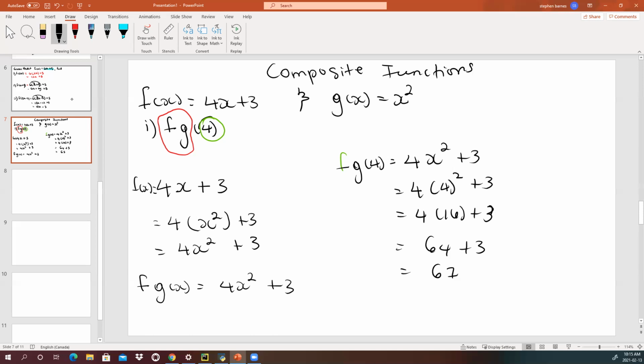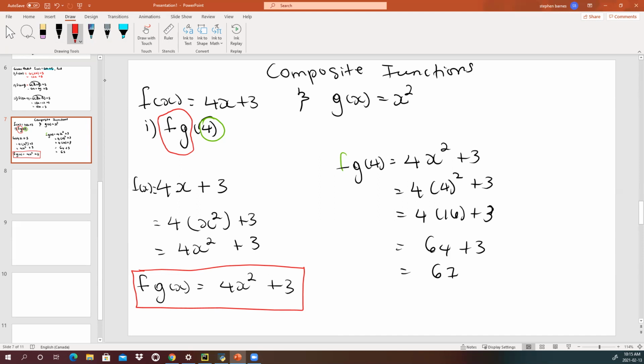Yes? So that is how I prefer to work it. I'm stressing that it is a preference and just one of two ways to work it. So I like to first find f of g, what that function is, and we got that here. When you see that, you're putting the g function into the f function.